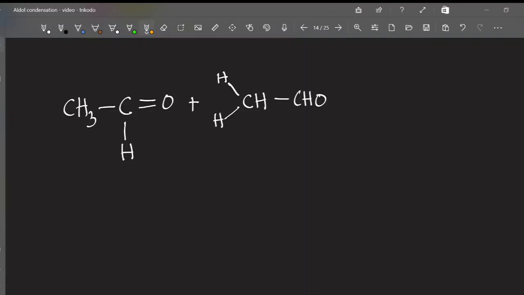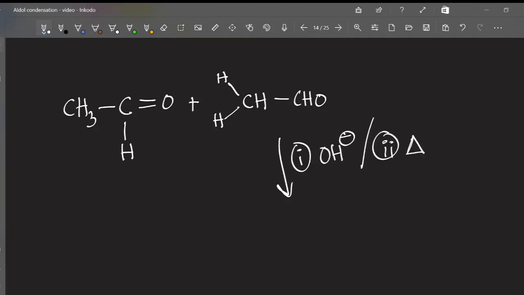In the first step we are reacting it with the base, and in the second step we are just heating it. Then this water molecule is eliminated and attaches the two groups. That's it, that gives our final product.